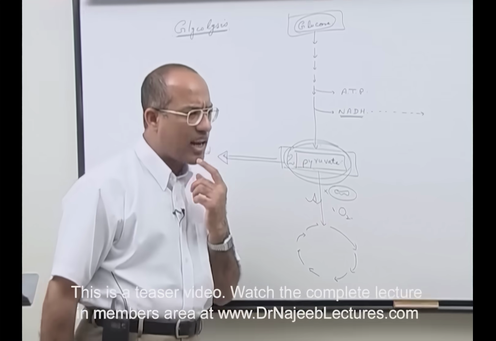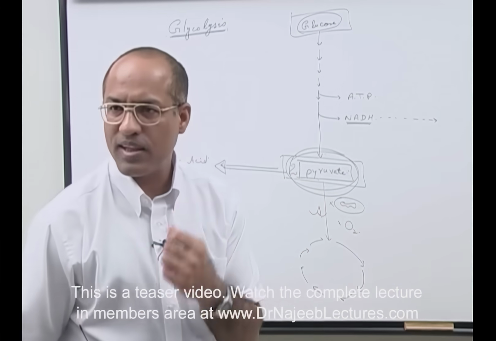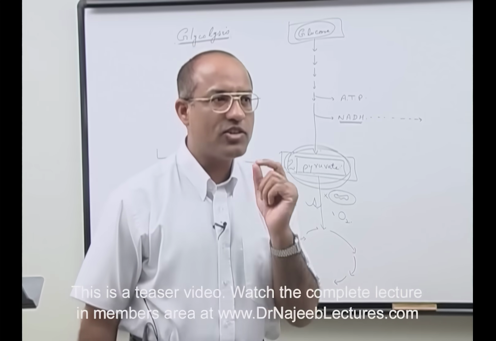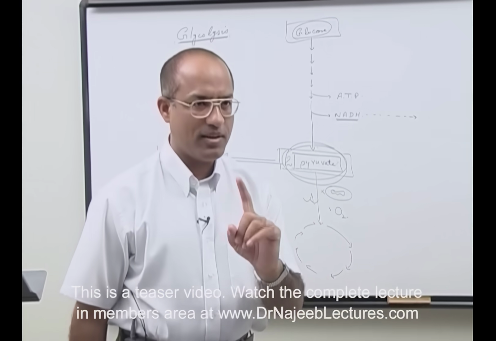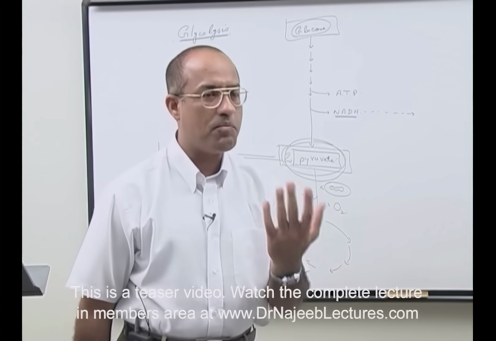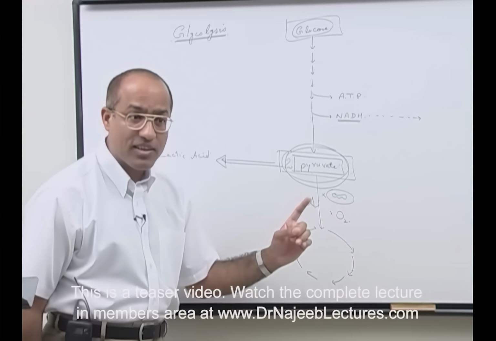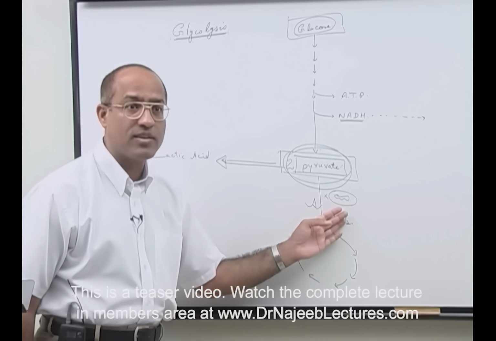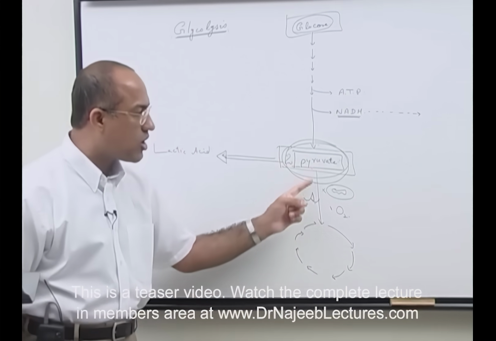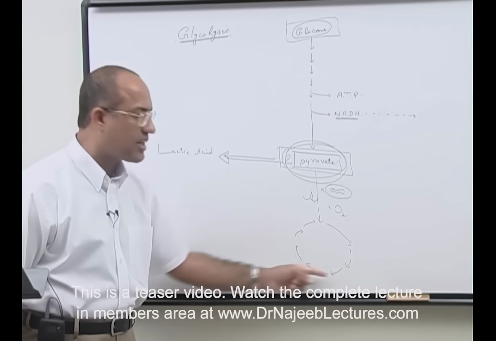But is there any cell which does not have mitochondria? Listen to my question carefully. Is there any type of cell in your body which does not have mitochondria, and even if oxygen is there, because mitochondria are not there, those cells cannot take this into the Krebs cycle.